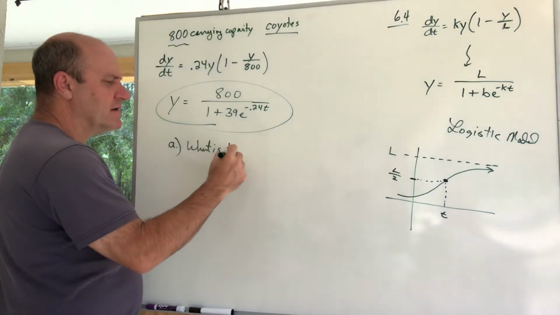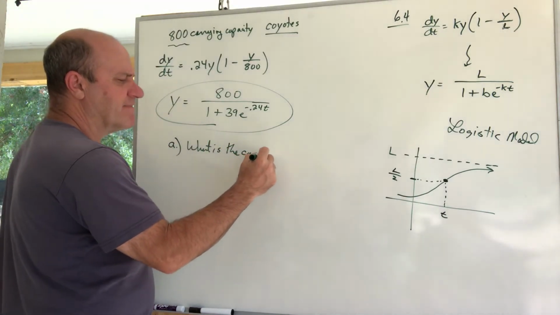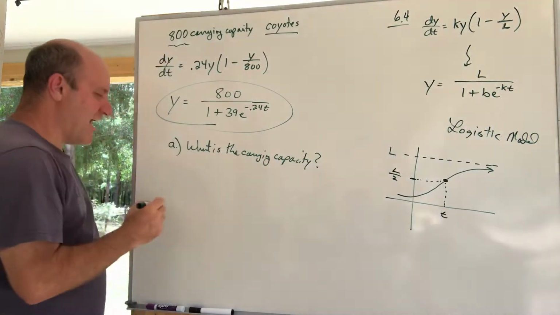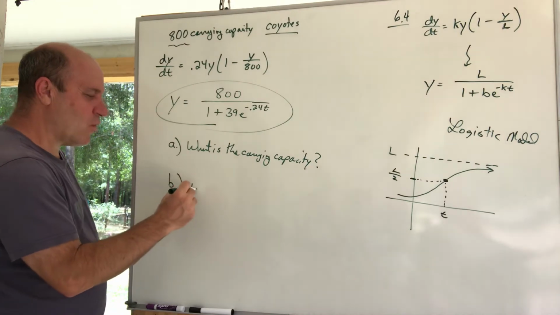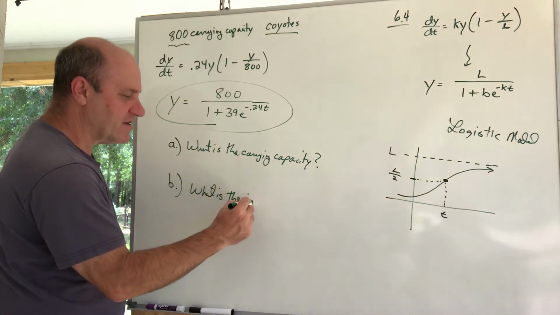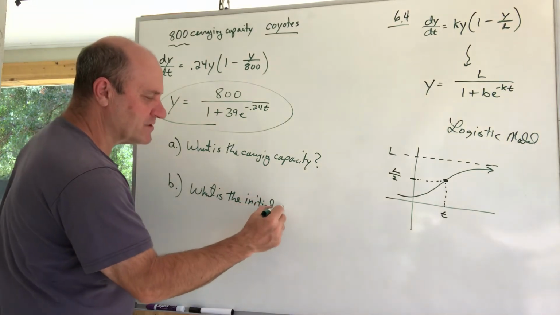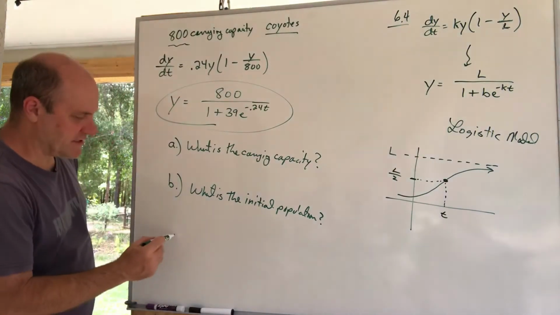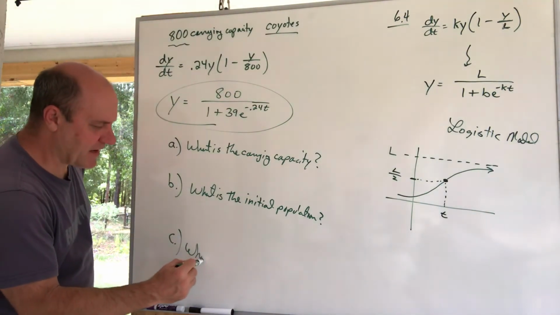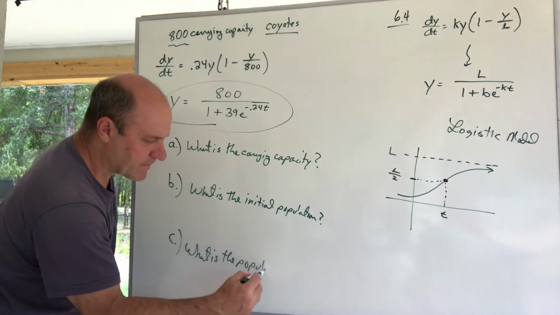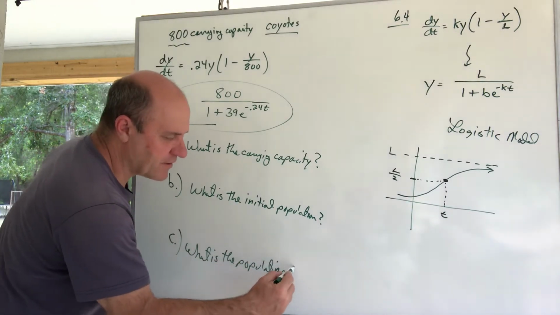What is the carrying capacity? Sorry, I should have had these up here. Part B, what is the initial population of coyotes? Part C, what is the population in 10 years?